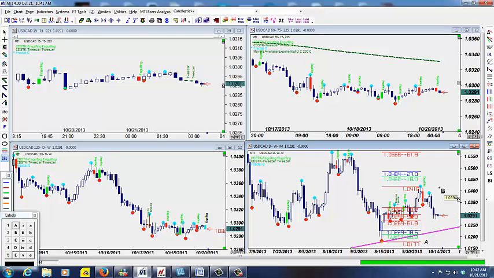So that's A, that's B, C looks like it is about there, and we're looking to come to the D extension. Is this going to happen today? No. This is a daily chart, but it just gives me a real quick glimpse when I come to my charts, and this is the US dollar, Canadian dollar daily chart, and this just gives me an idea of what and where price is at.